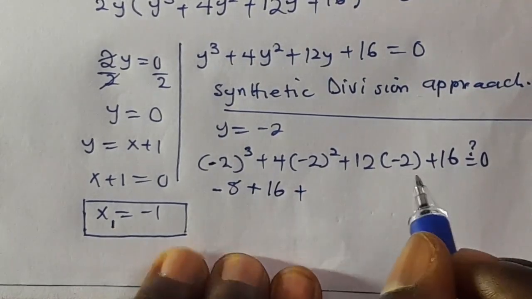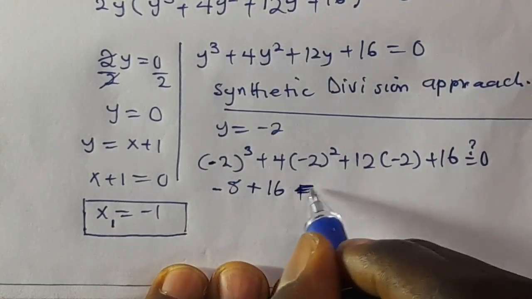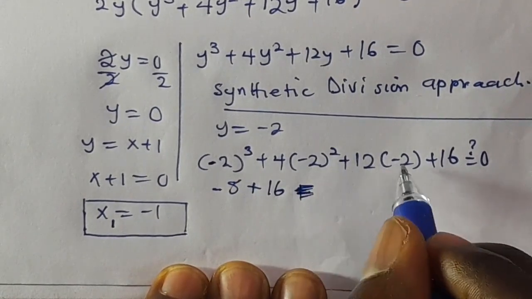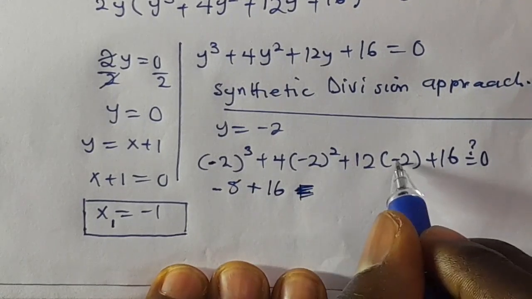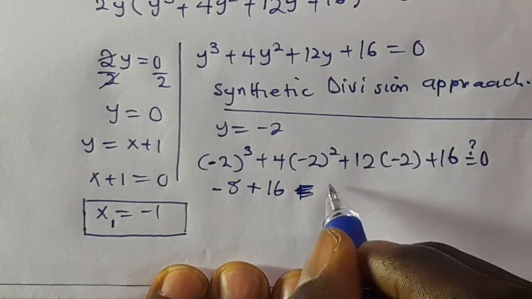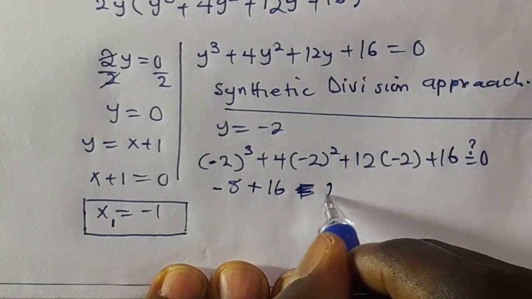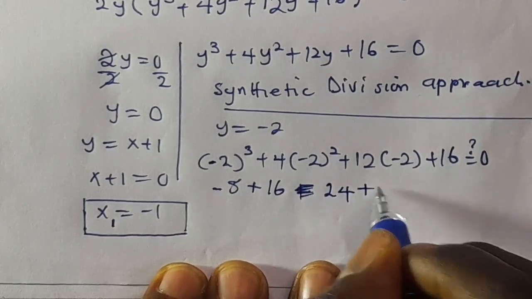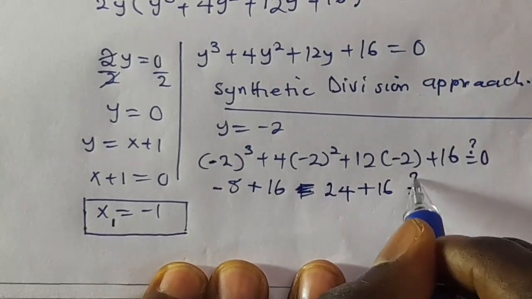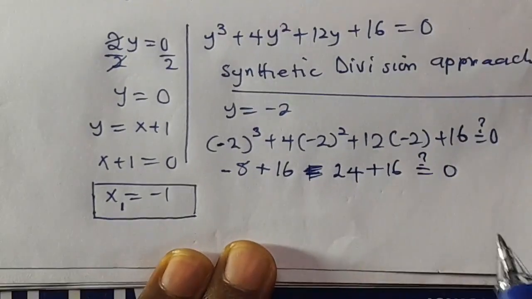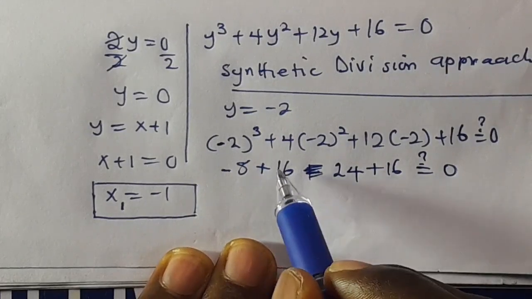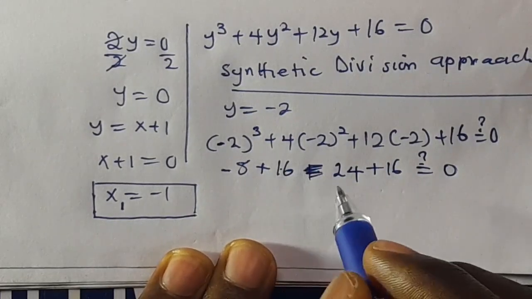Then plus, sorry, we have this one to be minus times plus times minus will be minus. 12 times 2 will be 24 plus 16. Then are they going to give us 0? Now from here, we have 16 plus 16 will be 32.